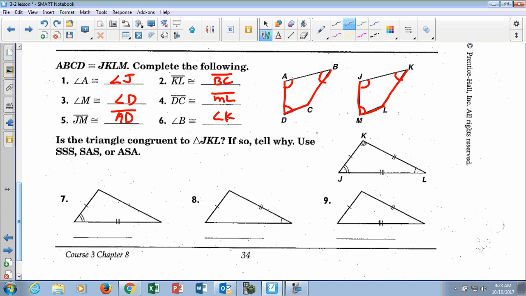So look at number 7. Would number 7 be congruent to triangle JKL? And if so, what's the congruent part? What do you think would make it the same? Anyone? Joe, you want to give it a shot?